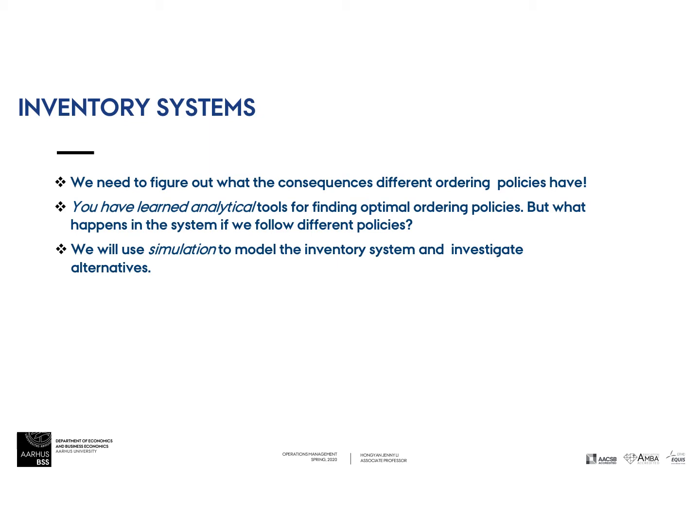The question we are going to look into is a single product inventory system. We're interested in knowing what consequences different ordering policies will have. Based on your understanding of analytical inventory models, let's see how the system performs if you do not follow the optimal decisions or solutions. We suggest you construct a simulation model, and then you can investigate different alternatives. At the same time, be aware of the variance of your performance.